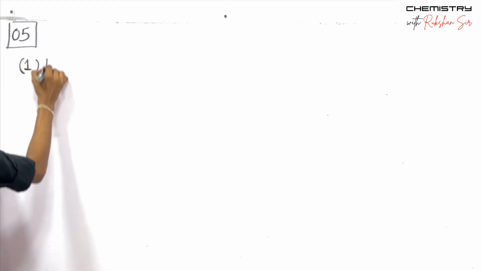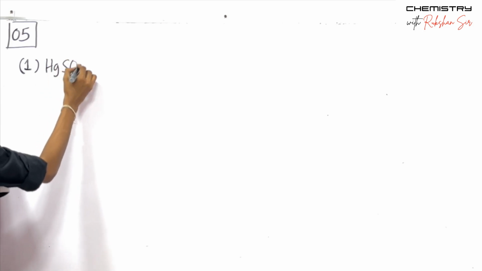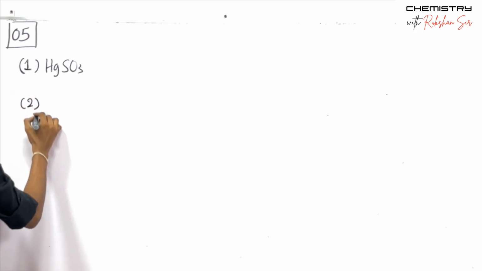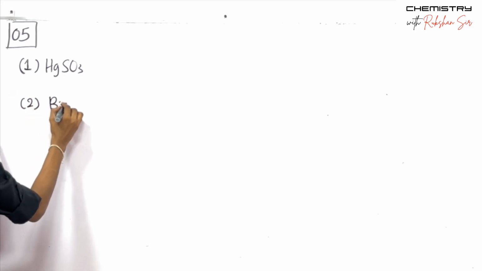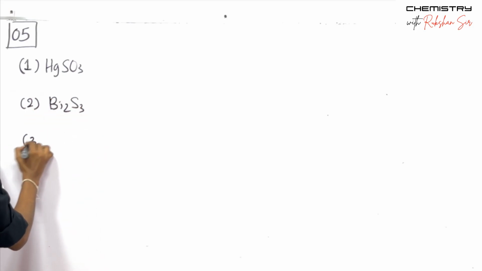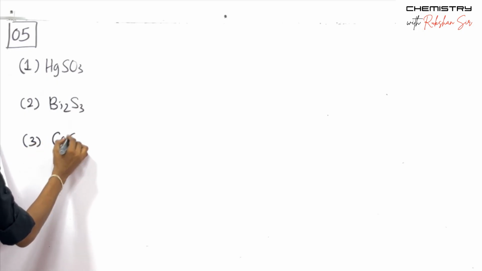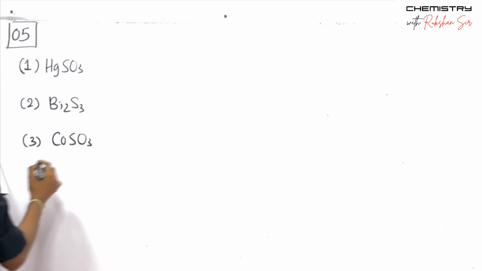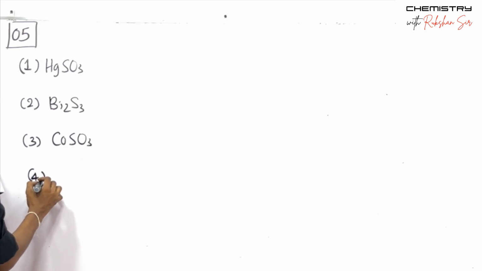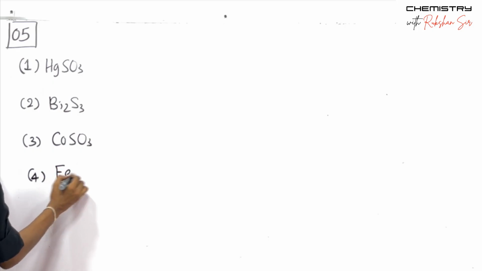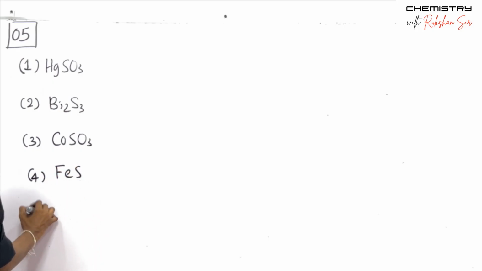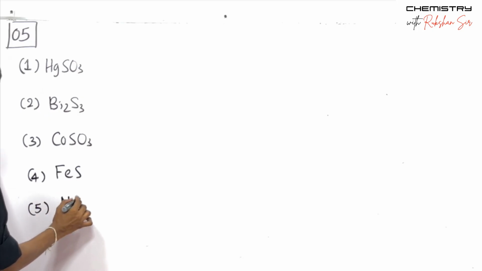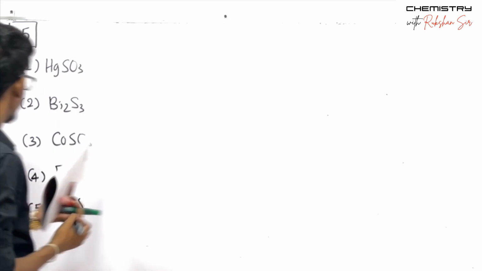HgSO3, then bismuth sulfide, cobalt sulfide, the fourth one FeS, and the fifth choice is nickel sulfide.